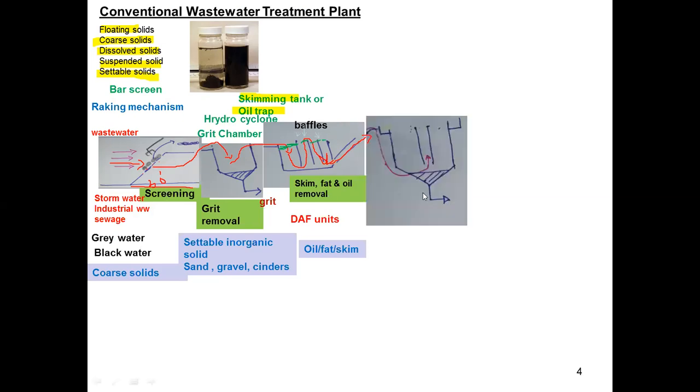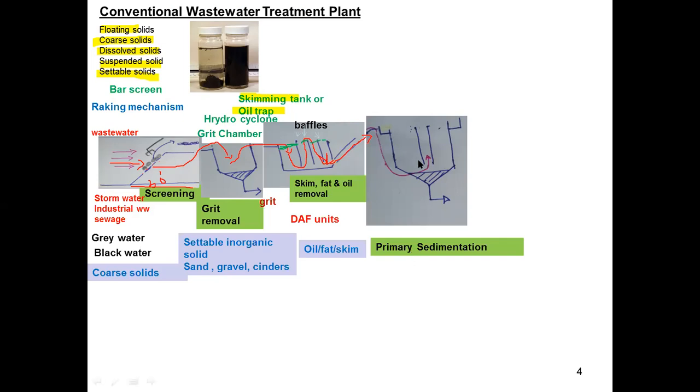What is this? As you can see, it is a typical sedimentation tank. So the next unit operation in the conventional wastewater treatment plant is primary sedimentation. What is the purpose of primary sedimentation? Why do we use a sedimentation tank?